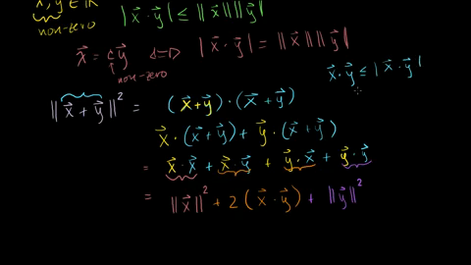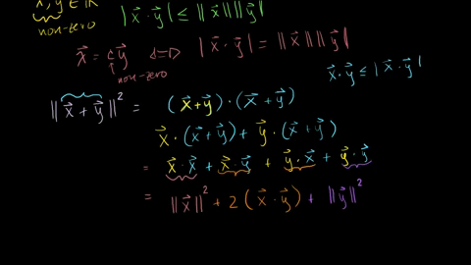Why is that? Well, this could be negative. I could show you examples of dot products that are negative. In fact, if x has all positive terms and y has all negative terms, you're going to have a negative dot product. So this could be negative, or it could be positive. If it's positive, the absolute value, they're equal to each other. If this is negative, then this absolute value is definitely going to be greater than it.